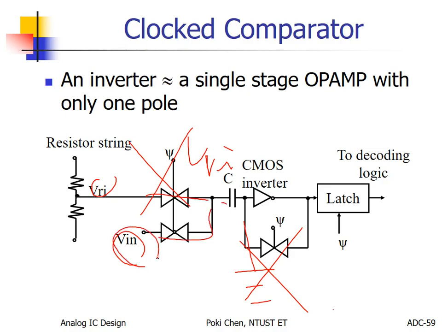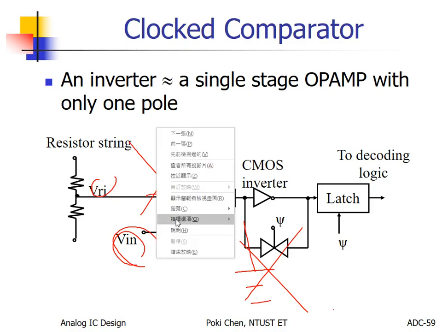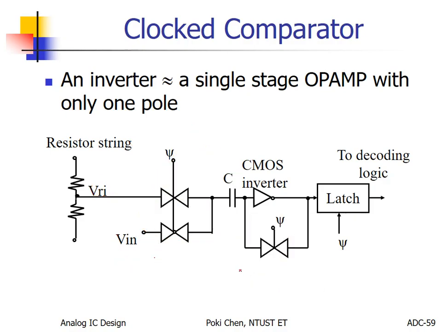But I told you already, for the first moment, we put VRI here, right? So when you cut off all the leakage paths, when you open it, there's no way to charge or discharge the capacitor.